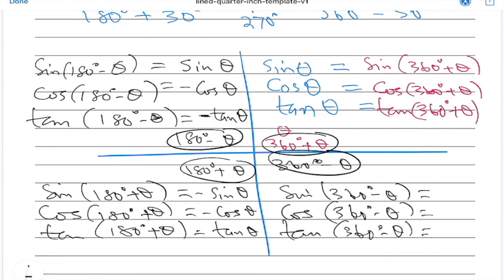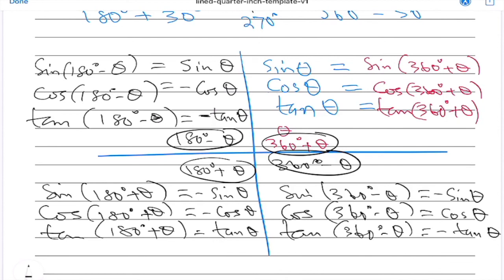The rest are negative. So sine of 360 minus theta will give you negative sine of theta. Cosine is positive in the fourth quadrant, so the cosine of 360 minus theta is just the same as the cosine of theta. The tangent of 360 minus theta, tan is negative here, so that will be minus tan of theta.